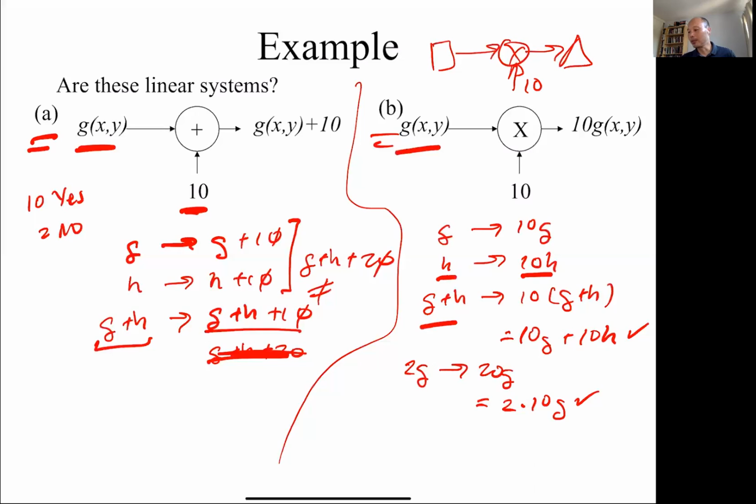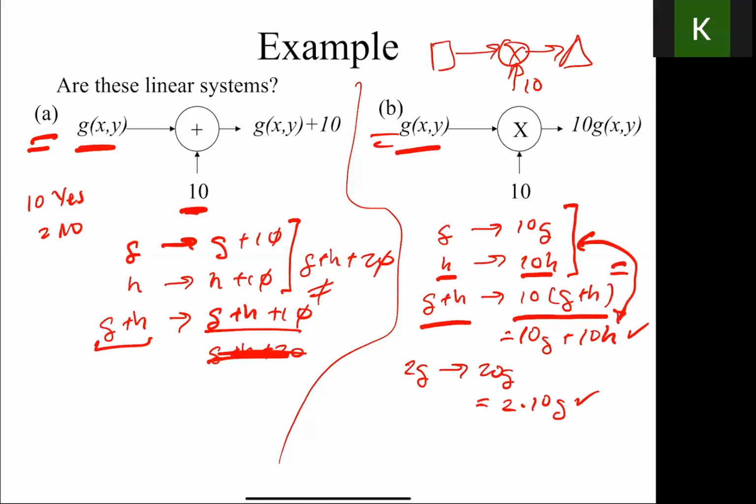If G plus H is the input, then 10 times that input is just 10 times G plus H, okay? But I can write 10(G plus H), apply distribution, say that's just 10G plus 10H. And 10G plus 10H is just equal to the sum of my outputs to the original inputs. Okay, so the fact that these are equal means additivity is satisfied.